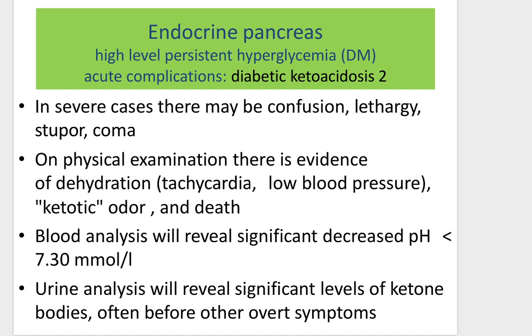On physical examination, there is evidence of dehydration like tachycardia, low blood pressure, ketotic odor, and death. Blood analysis will reveal significantly decreased pH, less than 7.3. Urine analysis will reveal significant levels of ketone bodies, often before other overt symptoms.